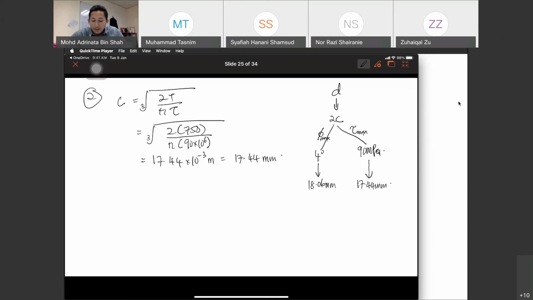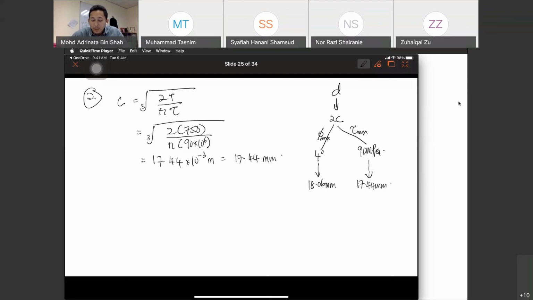Dia ada dua soalan. Satu, dia akan tanya diameter maksimum yang kita design untuk cater angle of twist dan juga tau maksimum.